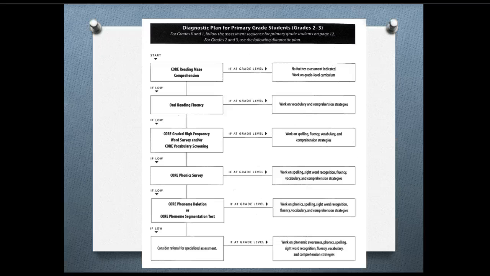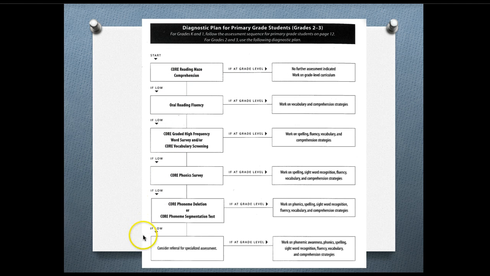Okay, and here is a diagnostic plan for primary grades. Please take note that this is for grades 2 to 3. It's a flow chart and it tells you where to start. If they're at grade level, you go to the right, and if not, you go down.